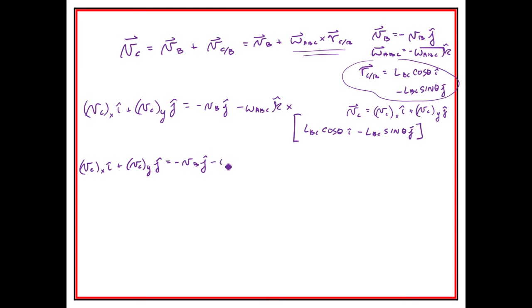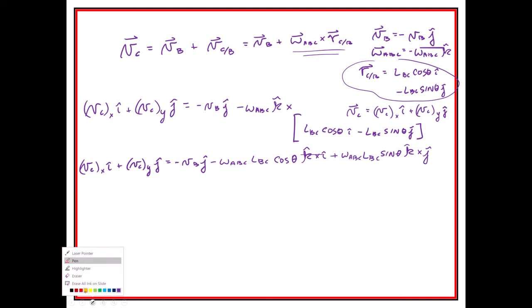So we go minus omega ABC times L_BC cosine of theta, and that's going to be K crossed with I, right? And then it's negative, so it's going to be plus omega ABC L_BC sine theta, and then once again K crossed J. So I'll switch up the colors here, go red.